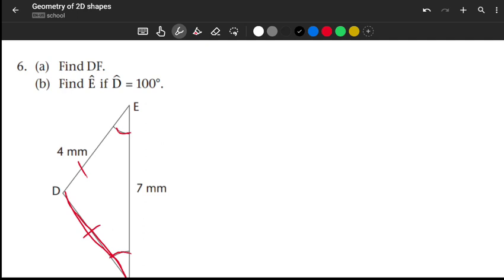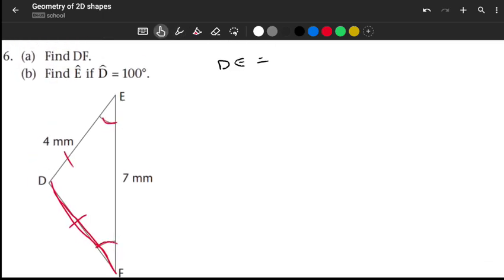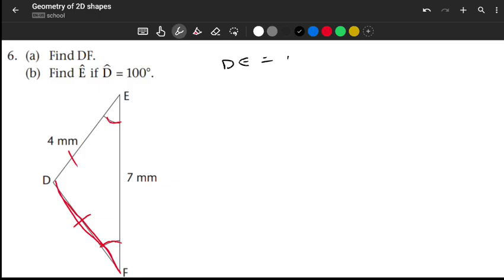line DE is equal to DF, and then like we said, always put your reason. So your reason there is isosceles triangle. Please forgive my spelling.